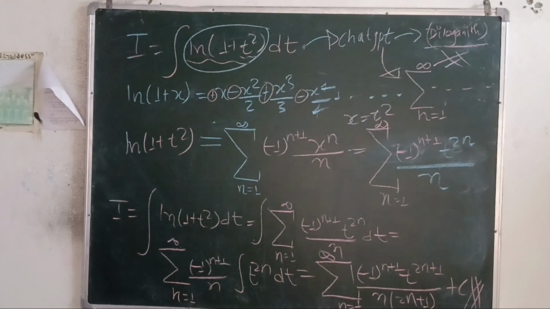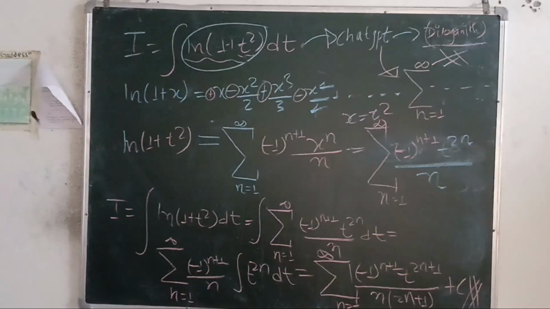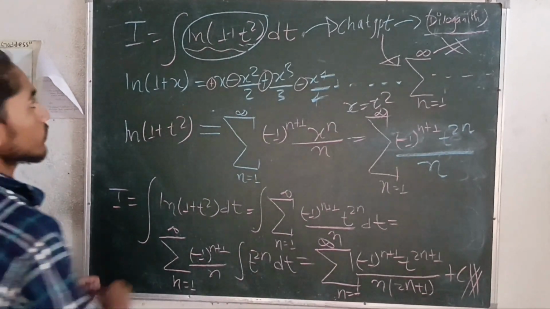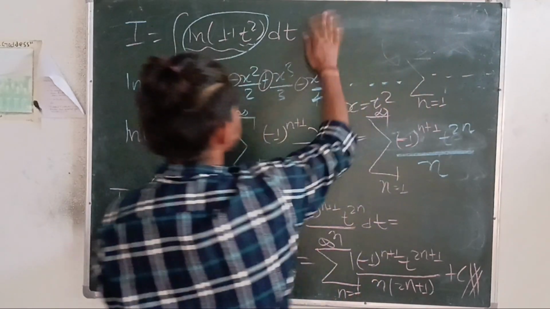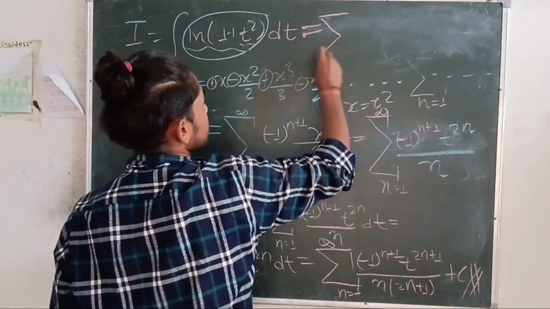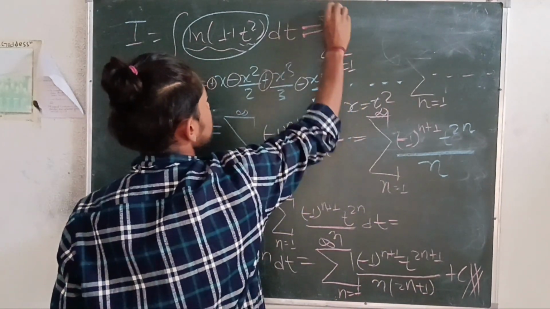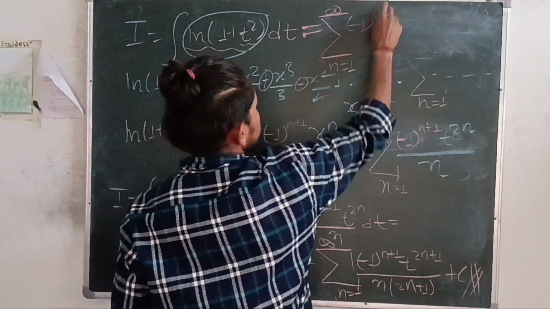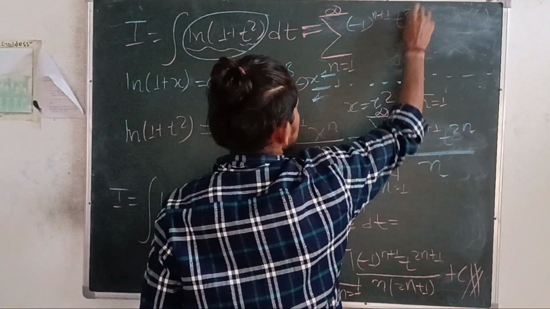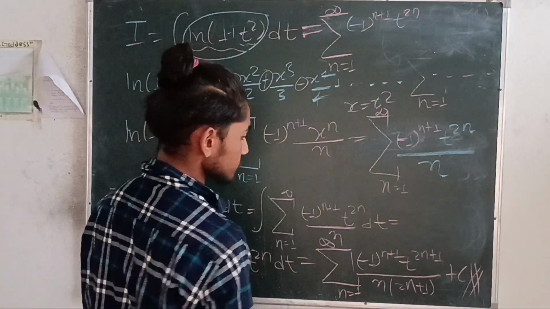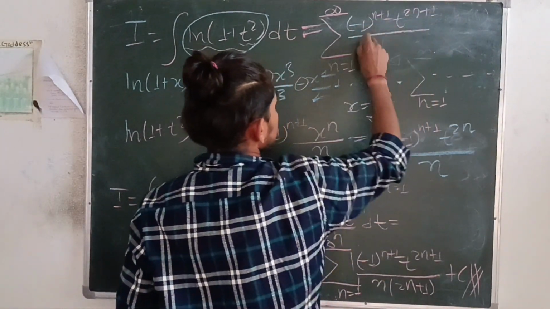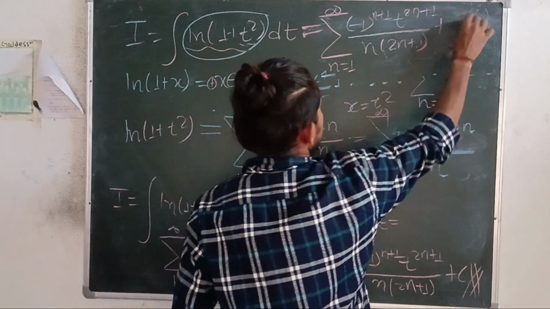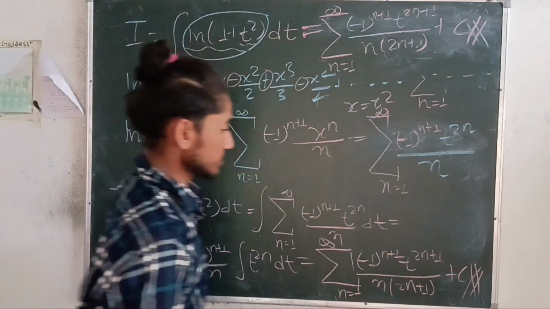So finally, our integral is the summation where n goes from 1 to infinity of negative 1 raised to n plus 1 times t raised to 2n plus 1 over n times 2n plus 1, plus some arbitrary constant c.